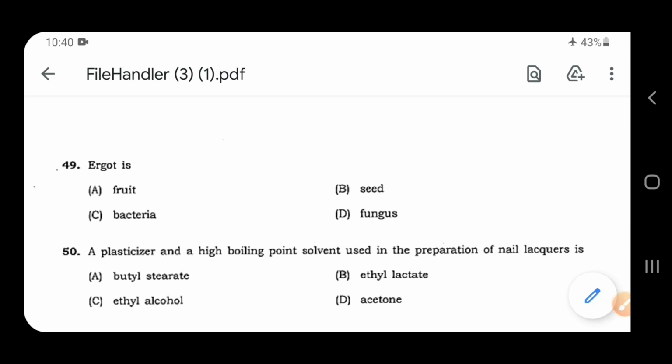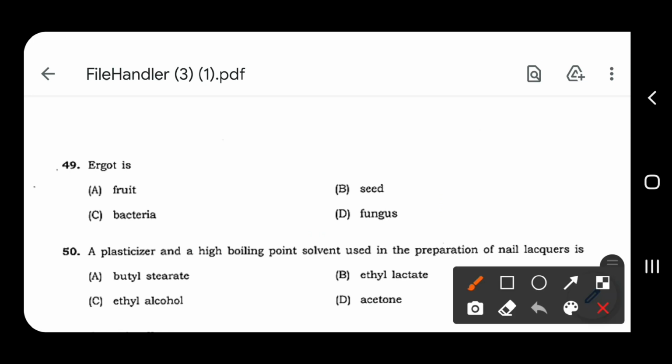A plasticizer and a high boiling point solvent used in the preparation of nail lacquer is butyl stearate, ethyl lactate, ethyl alcohol, acetone. Here the correct answer is butyl stearate, that is option A.